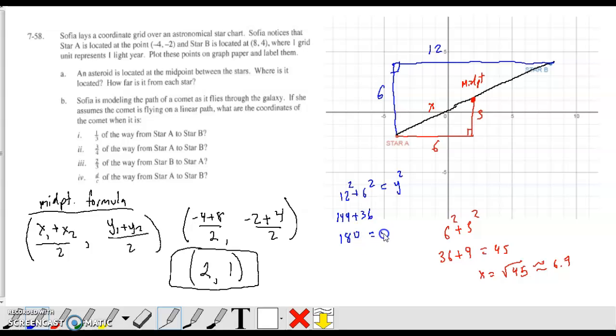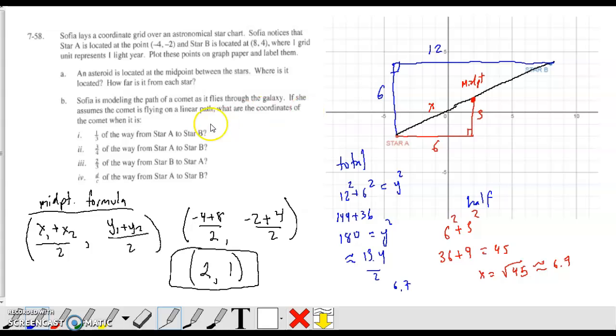So this will be y is equal to the square root of 180. And so this is again about 13.4. So if we divide that by 2, you are going to get 6.7. So again, this is the total distance, and this is just half of the distance. The total distance is actually going to help us when we answer part B.